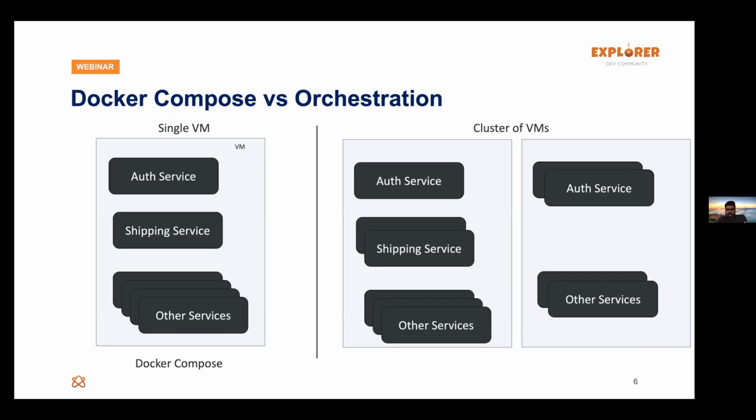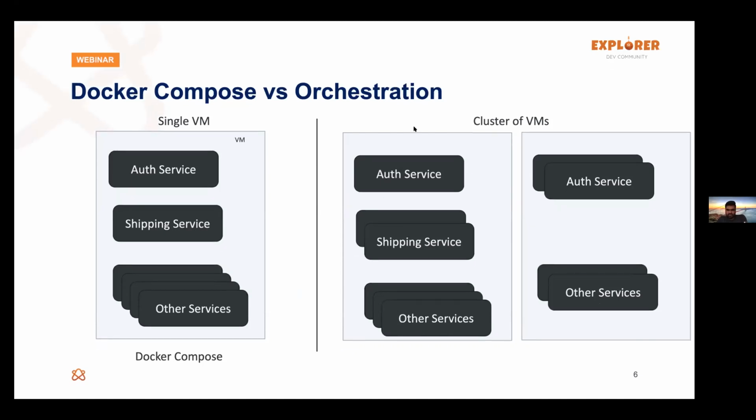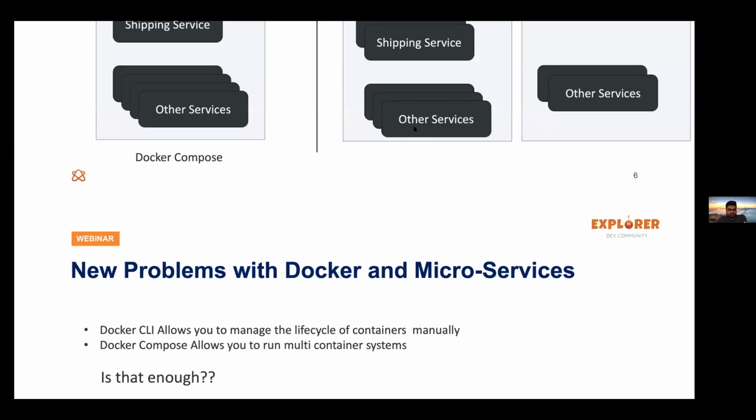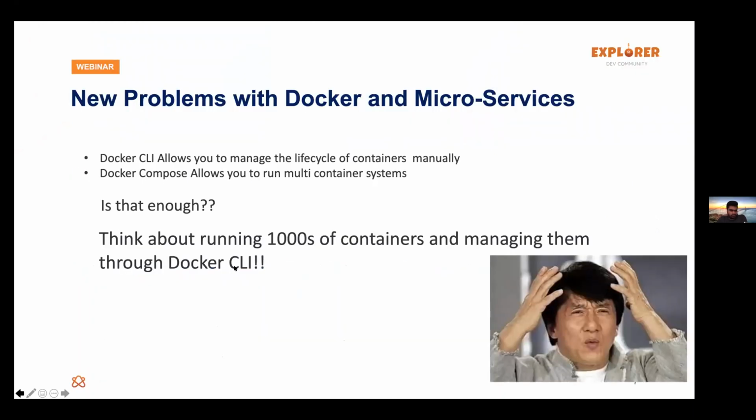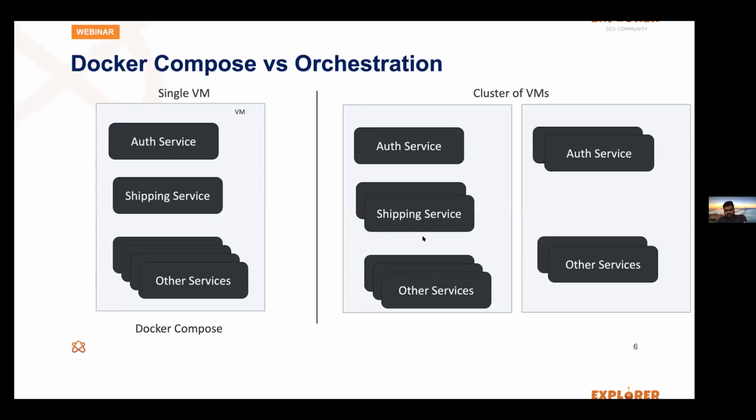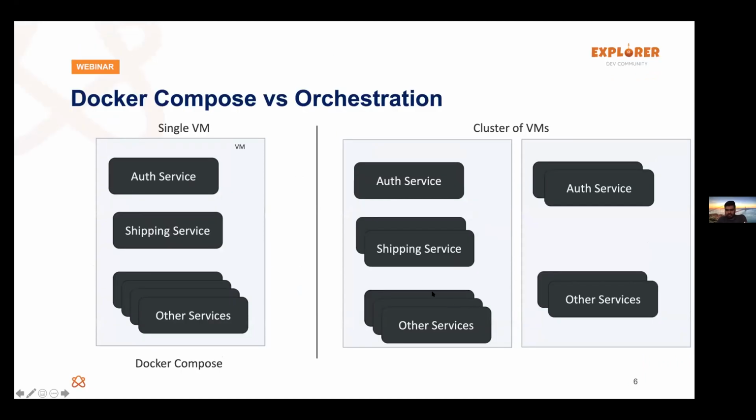Then we can distribute these containers, the auth service, the shipping service, and all of these things, scale them individually, and distribute these containers across multiple virtual machines very easily.